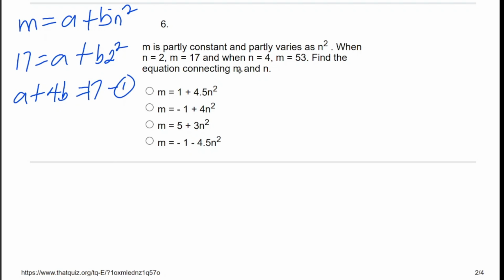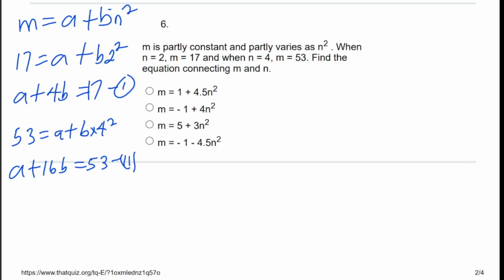And the second one is when N is 4, M is 53. So that is 53 equals a plus b times 4 squared. So this is going to be a plus 16b equals 53. So this gives equation 2.